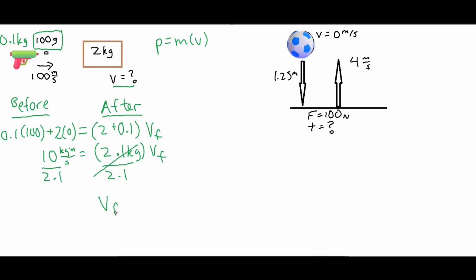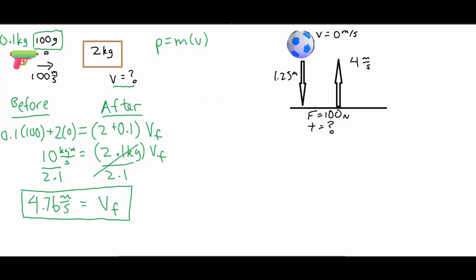Then we have a resulting final velocity of 4.76 meters per second. Obviously, we would assume that the bullet's velocity is going to greatly decrease, and then combining with the 2 kilogram mass as well, that is going to make the velocity drop significantly.